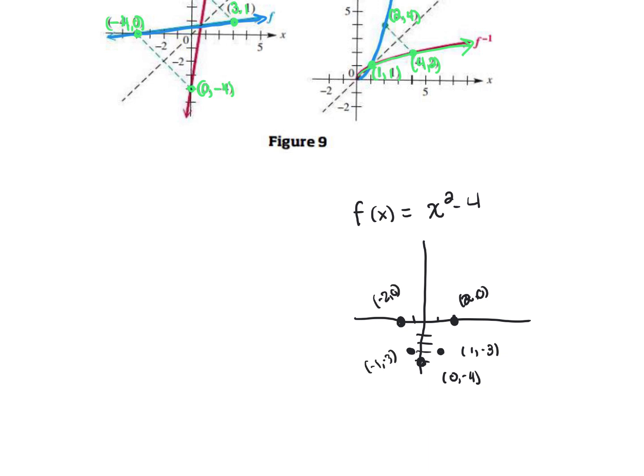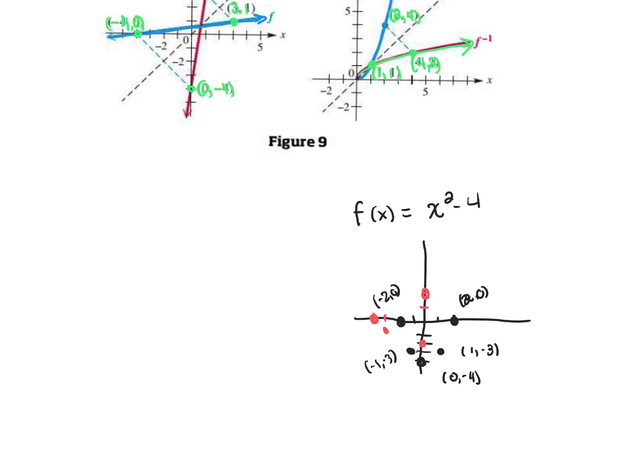So I want to graph my inverse. I'm going to start with (0, negative 4). (0, negative 4) becomes (negative 4, 0). Right here. (Negative 2, 0) becomes (0, negative 2). (2, 0) becomes (0, 2). (Negative 1, negative 3) becomes (negative 3, negative 1).